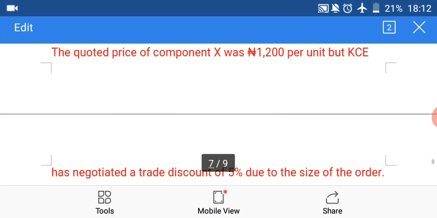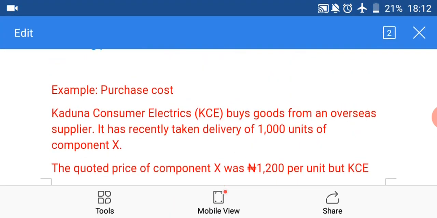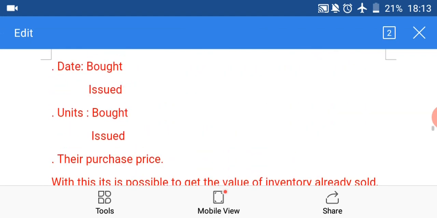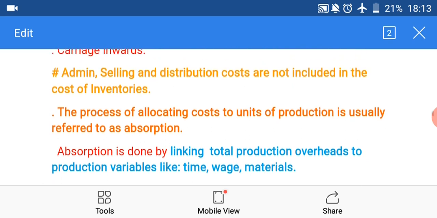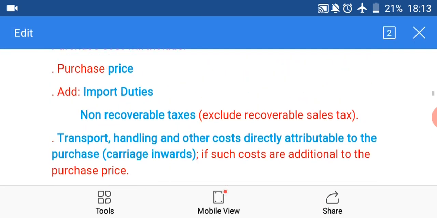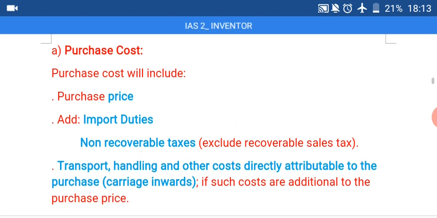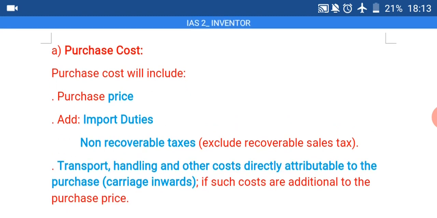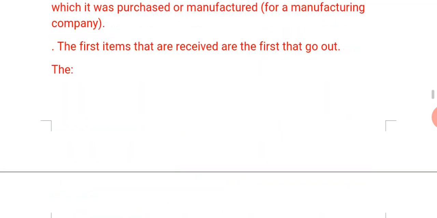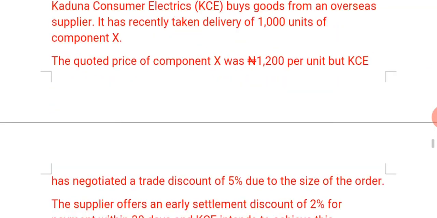So now what would you call the purchase cost? Let's go back to where we gave components of purchase cost, and we gave them somewhere here. Yeah, purchase cost will include the purchase price, import duties, non-recoverable taxes, transport, handling, and other costs. So let's go back to the question here.